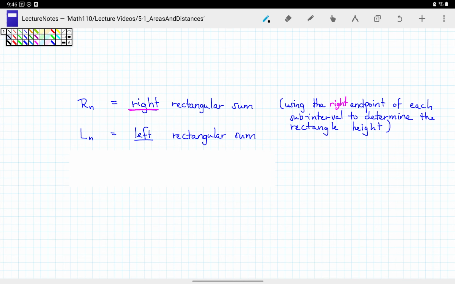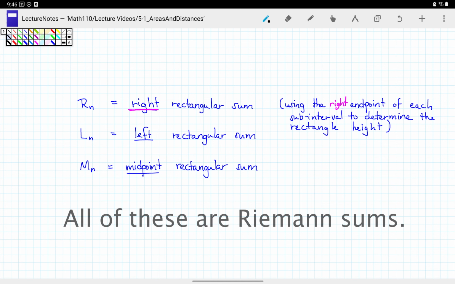So I leave it to you to mentally replace the R's with L's when we're using a left rectangular sum, meaning we're taking the height of each rectangle from the left endpoint of each subinterval. And of course, you could also do a midpoint rectangular sum where you would take the height of each rectangle from the function value at the midpoint of each subinterval, which you will see later.